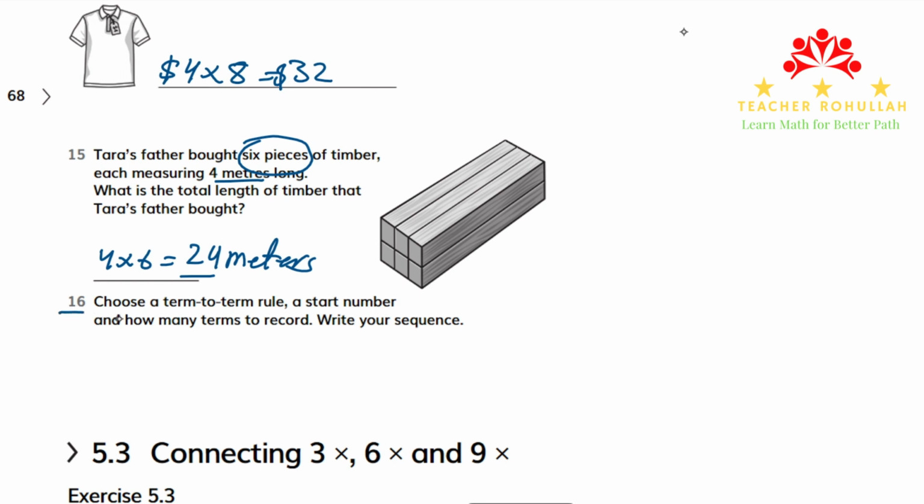In this question, it says, choose a term-to-term rule, a start number, and how many terms to record.